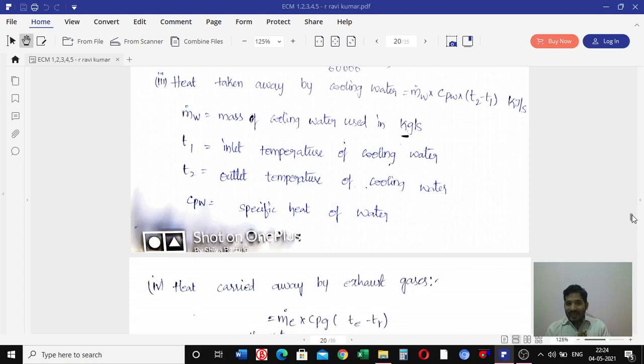So the heat taken away by the cooling water is equal to the mass of cooling water used in kg per second into the specific heat of water into the bracket outlet temperature minus inlet temperature of the cooling water, measured in kilojoules per second.